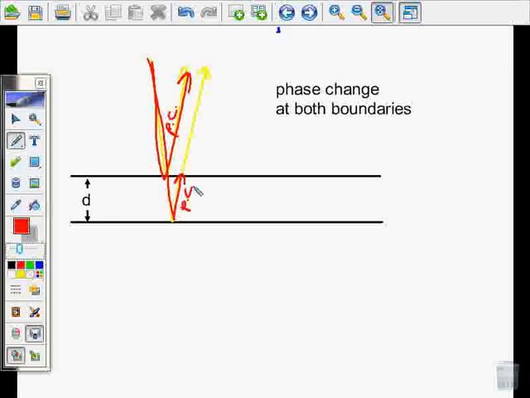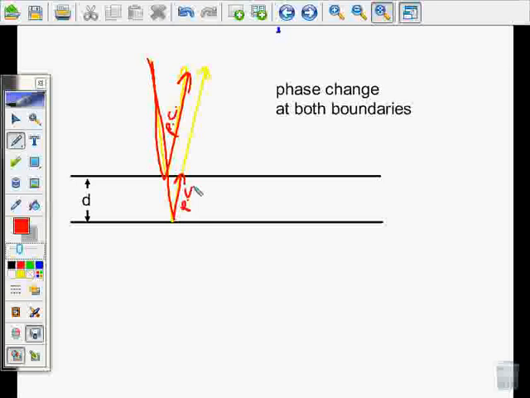Well, if you think about it, if they both go through a phase change, once again, what would we want the extra distance down and back up to be for constructive interference? One whole wavelength, exactly.